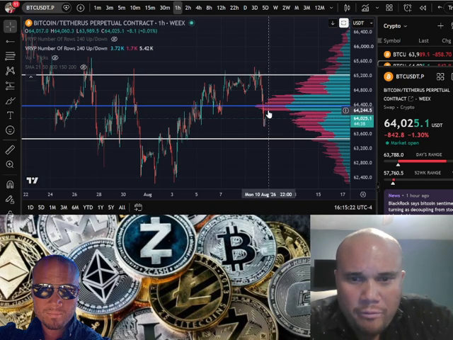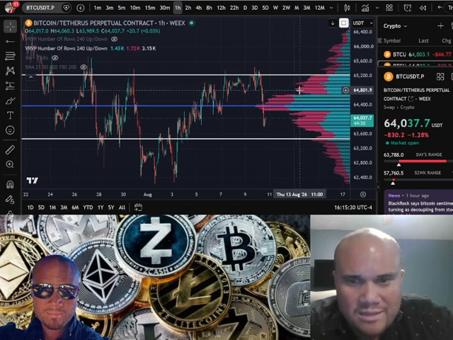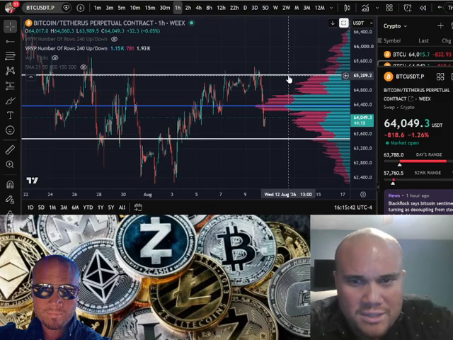And if price is able to actually punch through past this point of control sitting at 64,300, then you would expect the price to try to climb up to this value area high. That value area high is sitting at $65,200. So this is where we would be looking to take profit on our longs here and maybe entertain the idea of getting into a short at this level, okay?